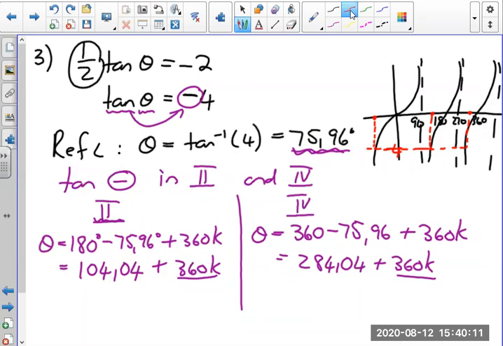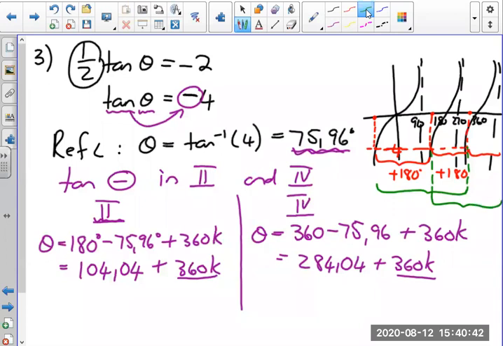So if you go from the first angle 180 degrees further, you are going to get that answer. If you go 180 degrees further, you are going to get the same answer again, and so on. If you go 360 degrees further, you're just going to get that answer there.